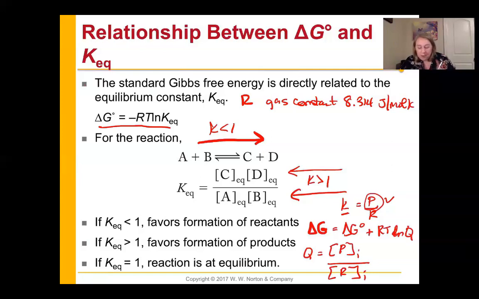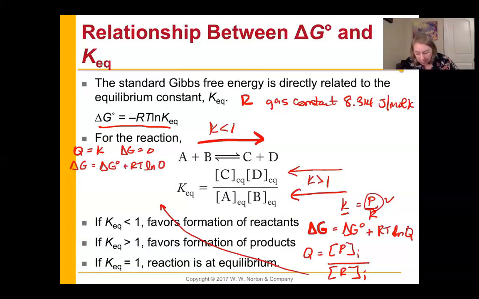So if the reaction is at equilibrium, right, then that's telling me, I'm running out of room over here, that Q is equal to K, right? If we're at equilibrium, Q is equal to K. And it's also saying that delta G must be equal to 0, right? So if we put that into our equation, we know delta G is equal to our standard plus RT ln of Q, right?